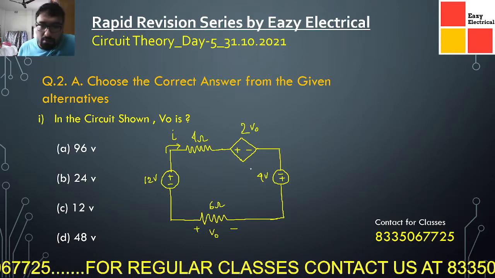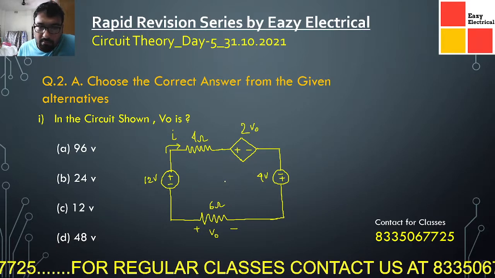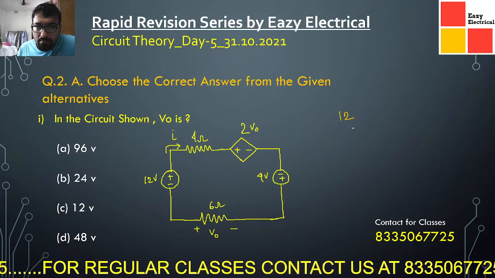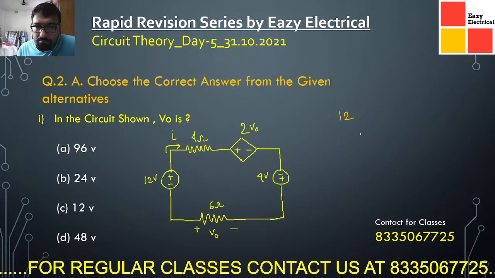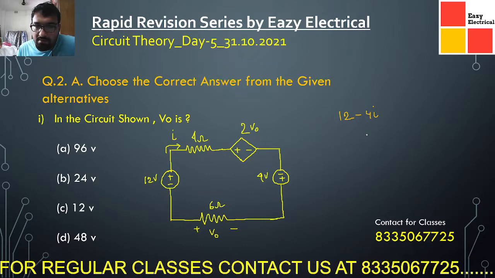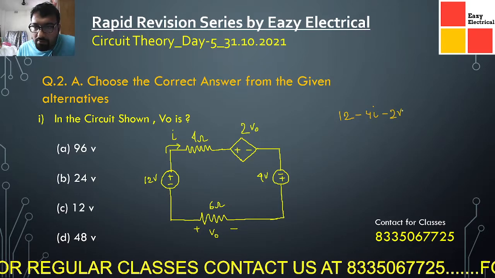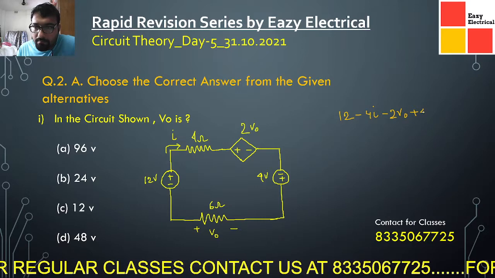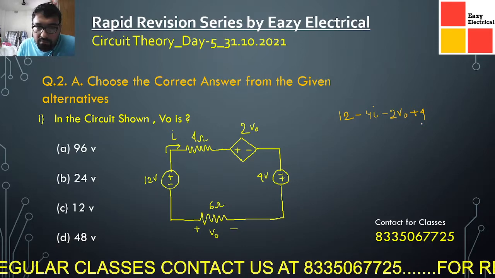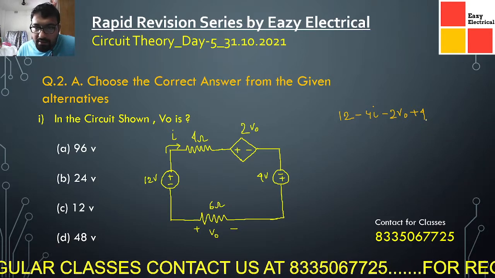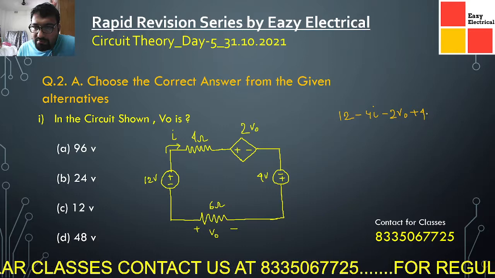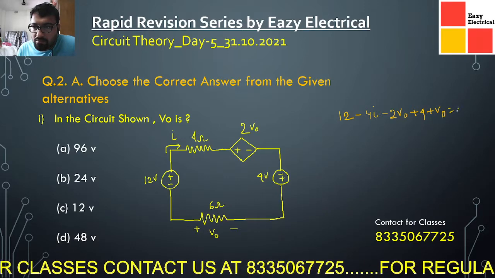Here, just write the KVL equation in this form. 12 minus 4i, minus 2 V naught, plus 4, plus V naught equals 0, we can say.